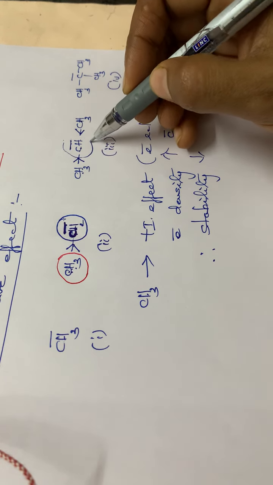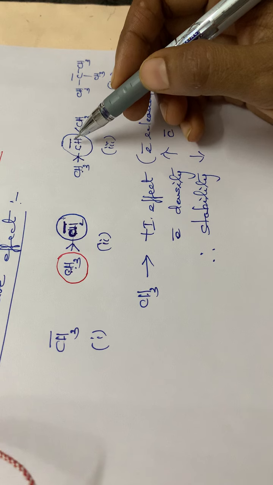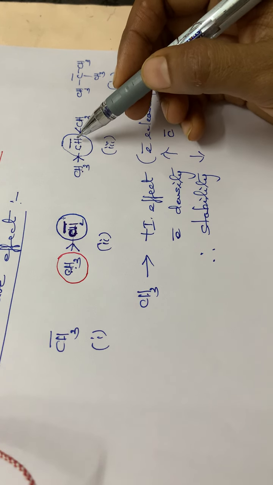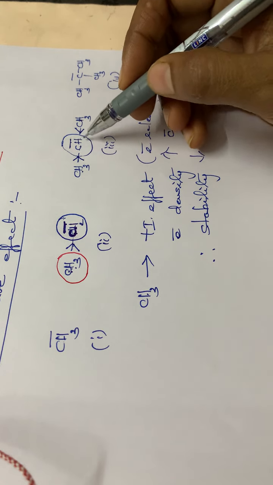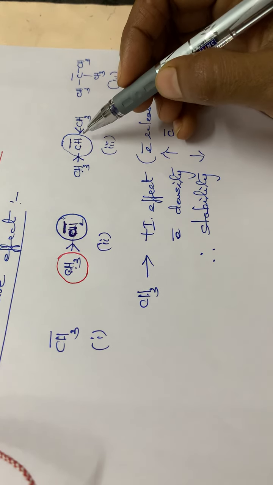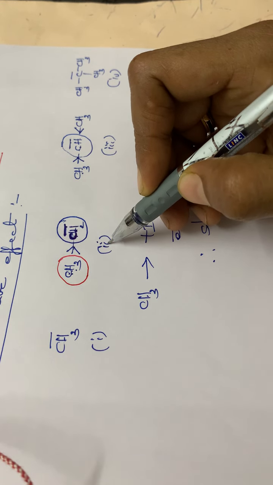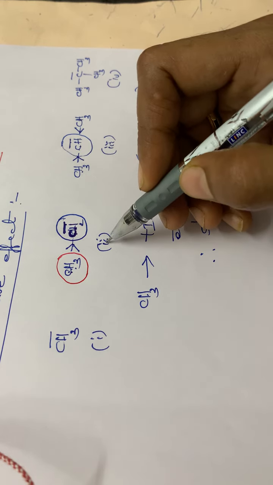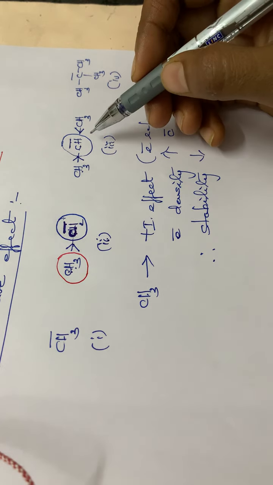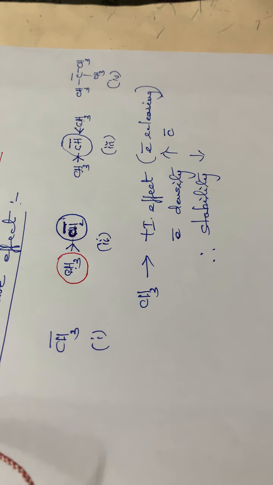So again the electron density around this carbanion increases and the stability decreases further than in the second case. While comparing 2 and 3, which one will be more stable? 2 will be more stable, because 3 has two CH3 groups around this C minus.